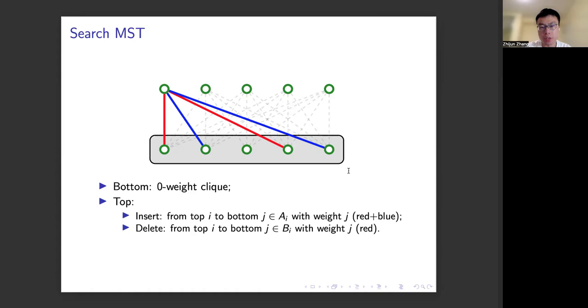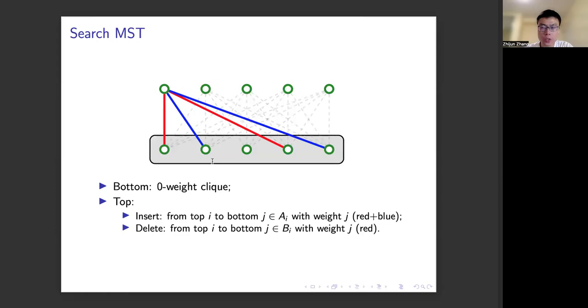The construction is as follows. We have about n over 2 bottom vertices, which are fully connected by zero-weight edges. And we also have another n over 2 top vertices, where the ith vertex is connected to some bottom vertices j with an edge with weight j.